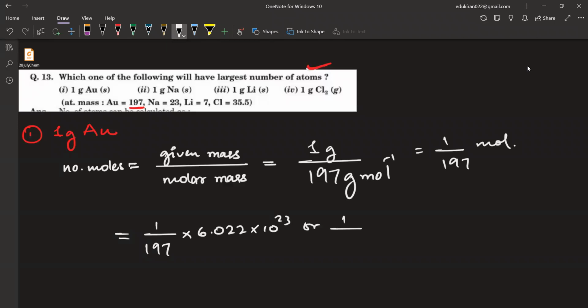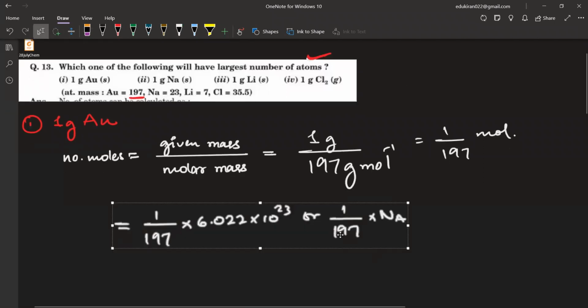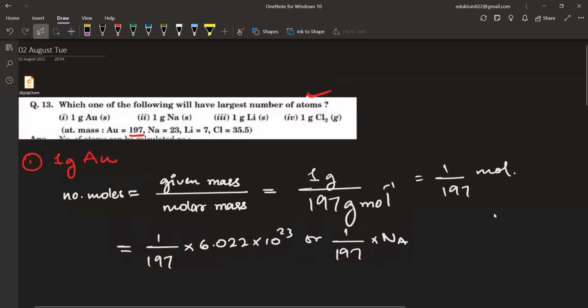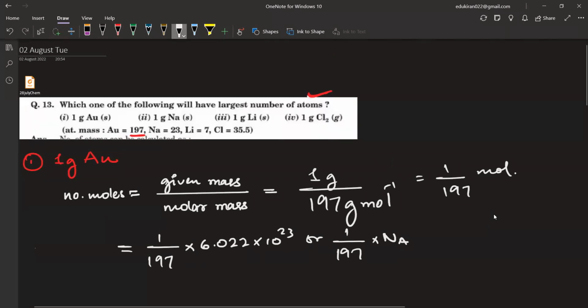Or you can write it as 1 upon 197 into Na. Na means Avogadro's constant. Clear? Yes or no? Please tell me. Is it clear? Yes, sir. This will be your number of atoms.